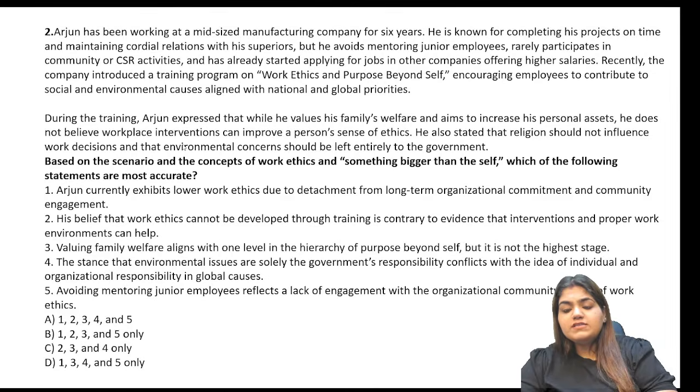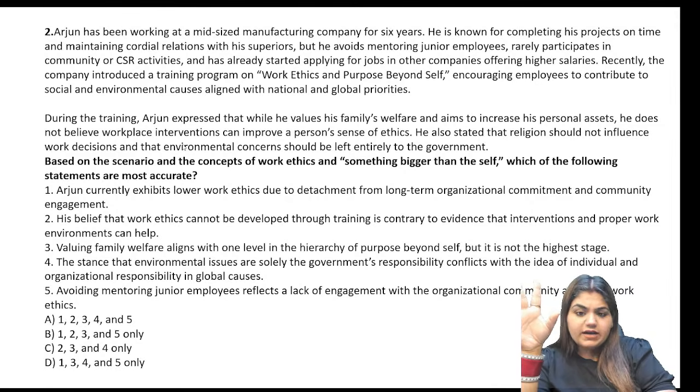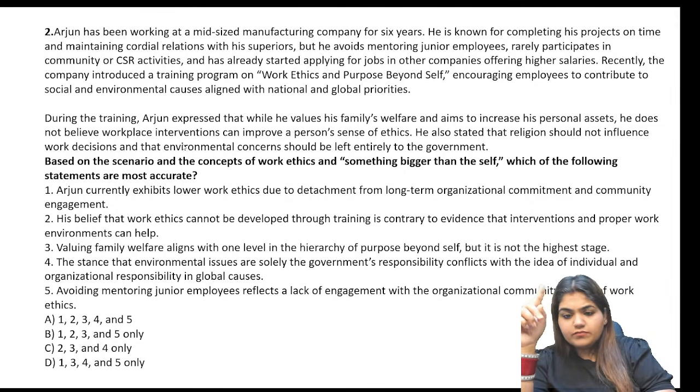Family welfare is there, but the top rank is the society, the global cause. Next, the stance that environmental issues are solely the government responsibility conflicts the idea of individuals and organizational responsibility with global cause. Yes. Avoiding mentoring juniors employees reflect the lack of engagement. Yes. All the statements that are given are correct. D is the correct answer. No Aakanksha ji, D is the correct answer.